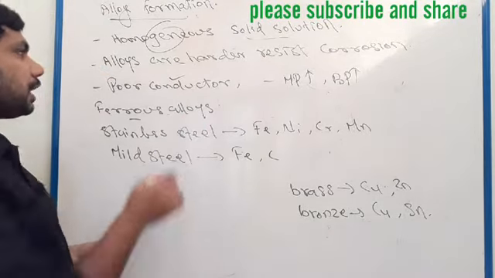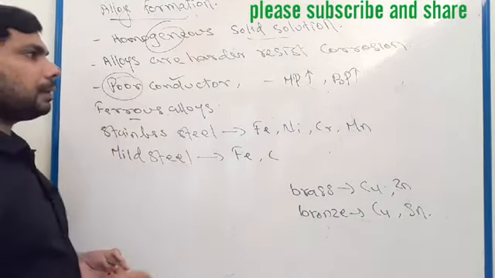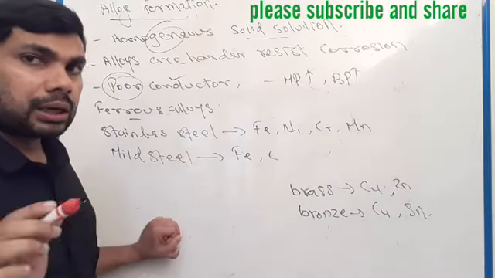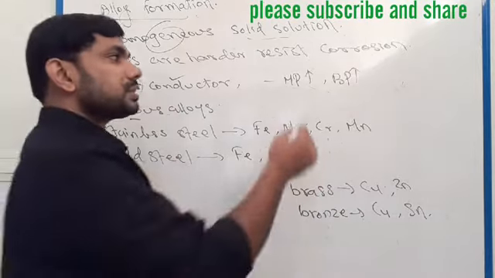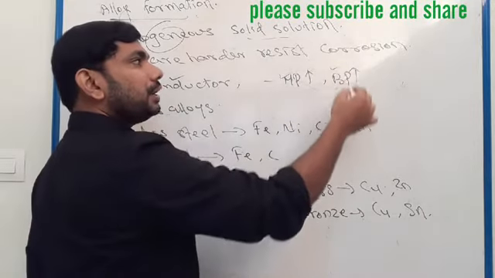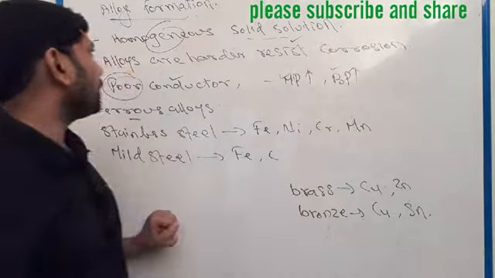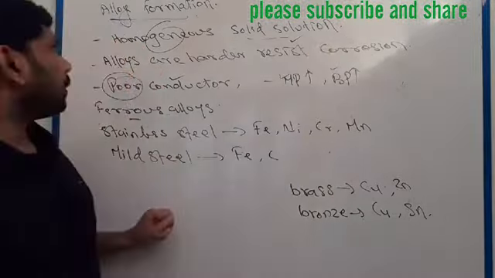Alloys are poor conductors compared to pure metal. Also alloys show high melting and boiling points. They resist corrosion. Also alloys are much harder.